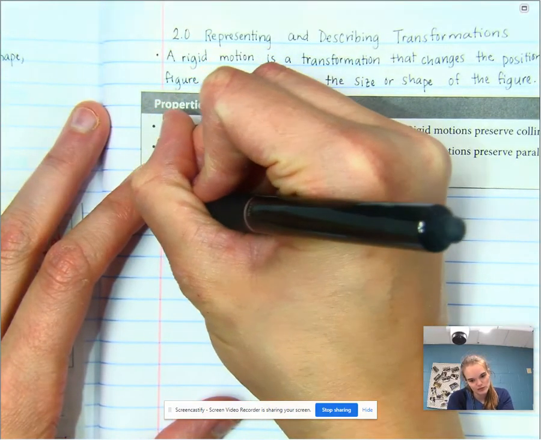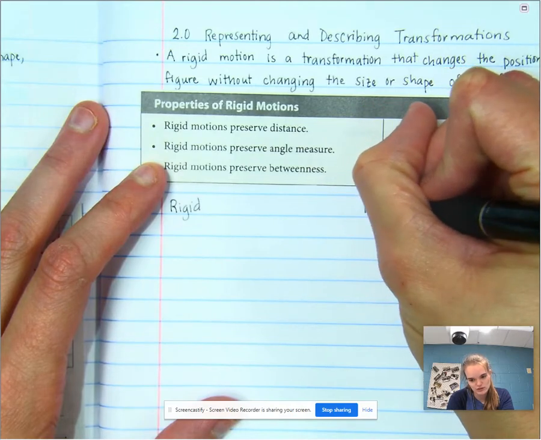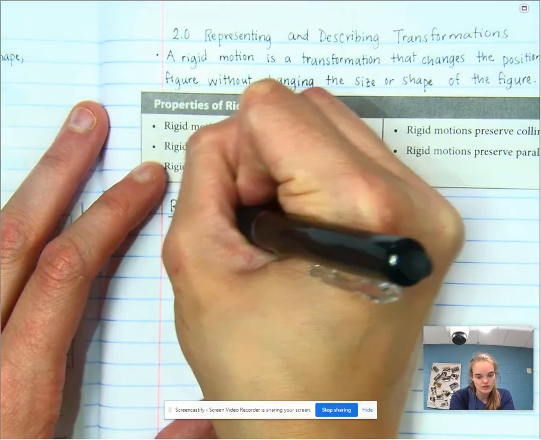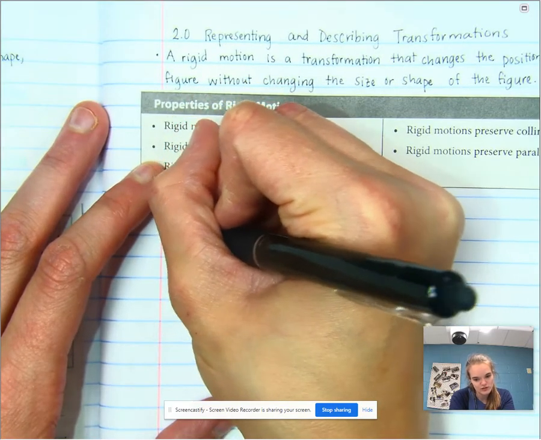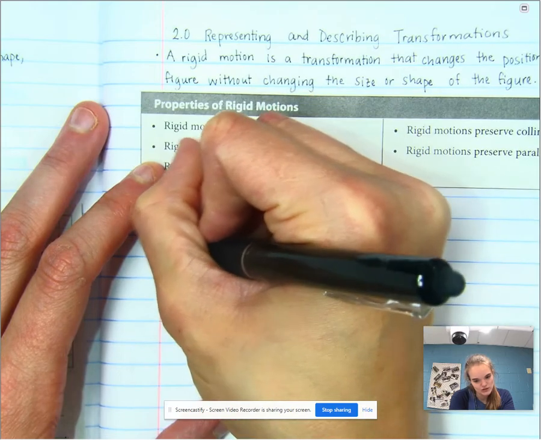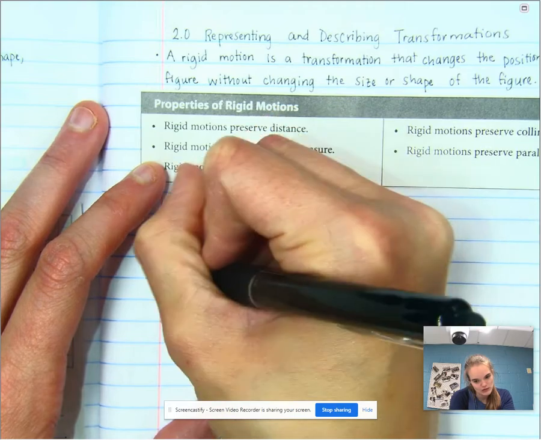There are three types of rigid motion. There is one non-rigid. We've seen the non-rigid already. Rigid are translation, reflection, and rotation.